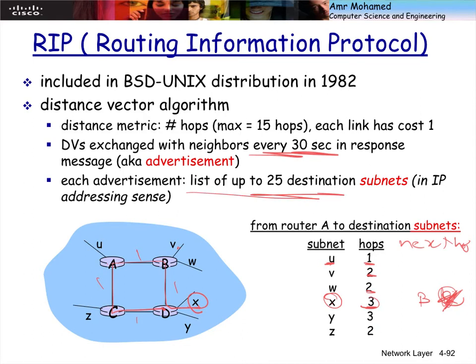What if I have more than 25 destinations? Then we report them through multiple messages. Each message contains up to 25 distances. That's how the protocol is designed. If I have 75 different destinations to report, I have to send 3 separate messages.